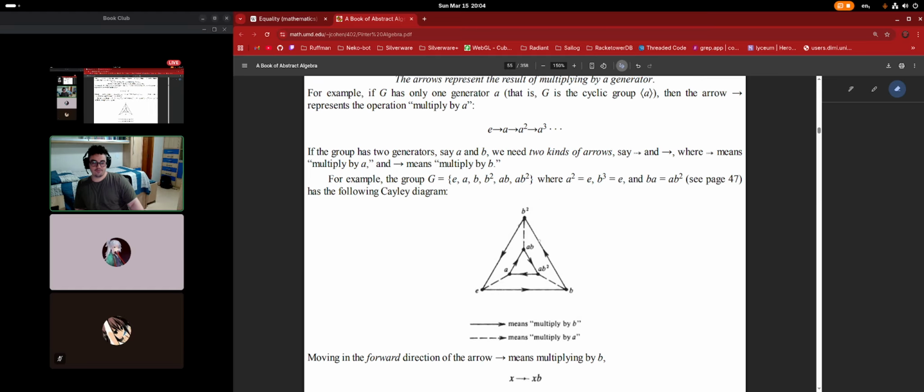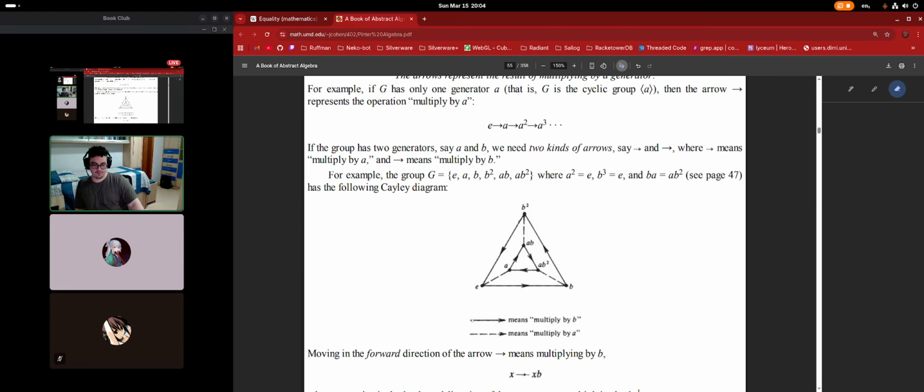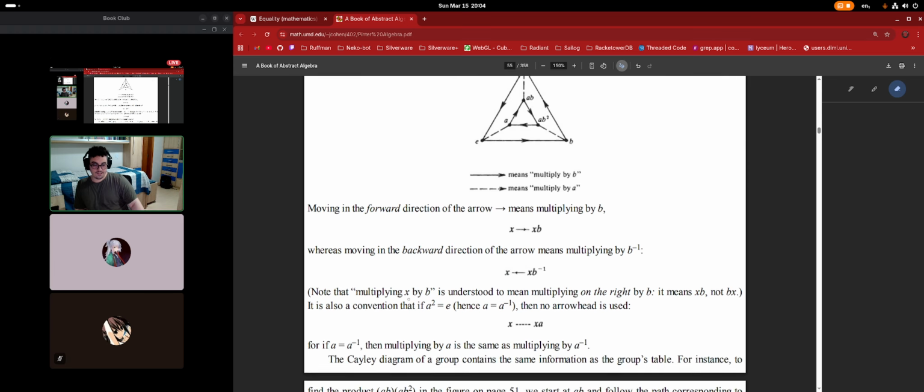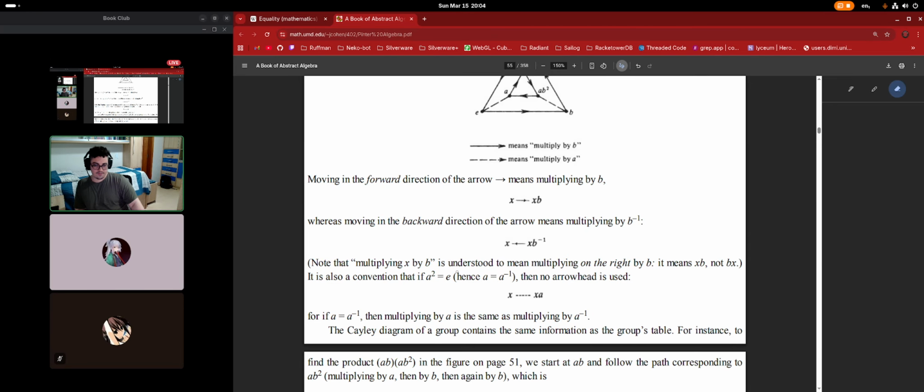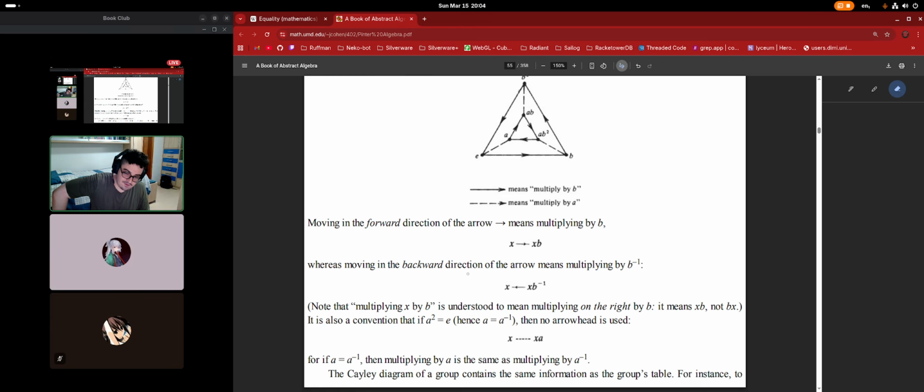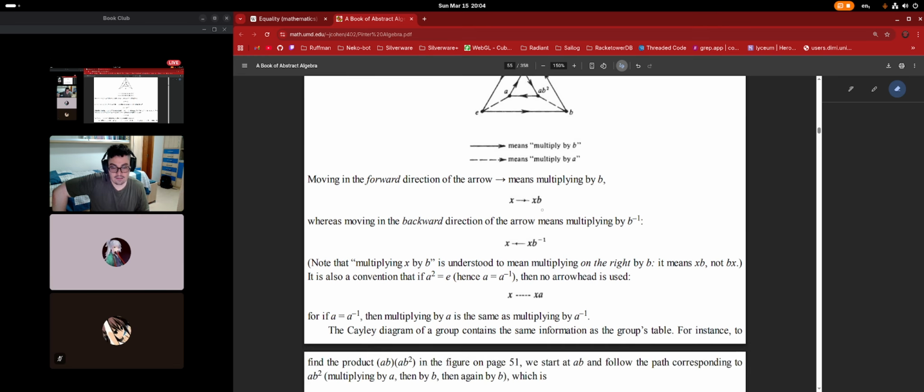A dotted arrow means multiplying by A, and a solid arrow means multiplying by B. However, there is a catch: it is a convention that if A squared equals E, hence A is its own inverse, then no arrowhead is used, which I don't know if I like, because I don't see a reason to denote this fact in the diagram. But sure.